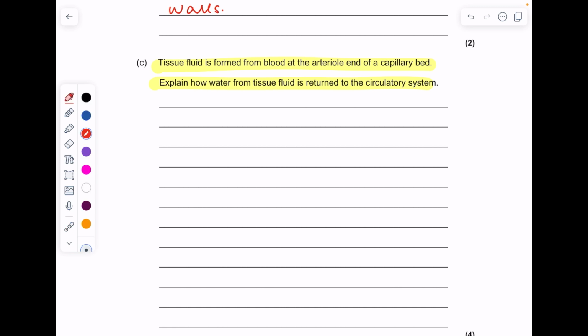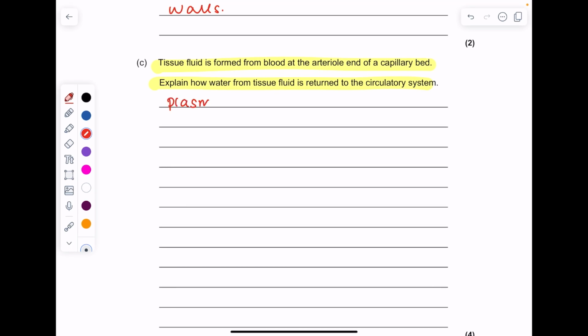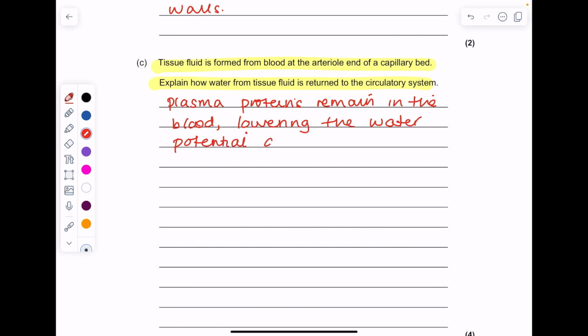So how is it that the water potential is greater in the tissue fluid compared with the capillaries in the circulatory system? Well, it's all to do with those proteins which, remember, stayed in the blood. They were too large to leave the blood through the gaps in the epithelial cells. So we're going to say that plasma proteins remain in the blood, lowering the water potential at the venous end of the capillary.